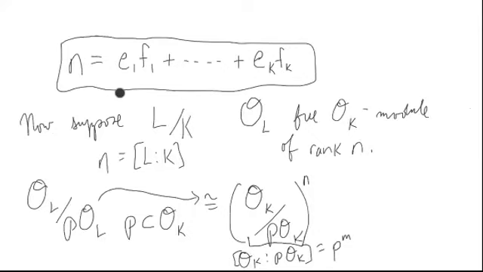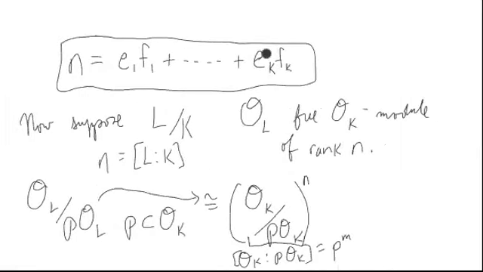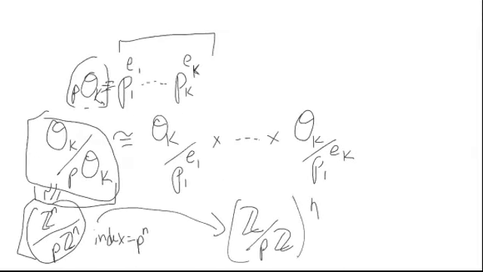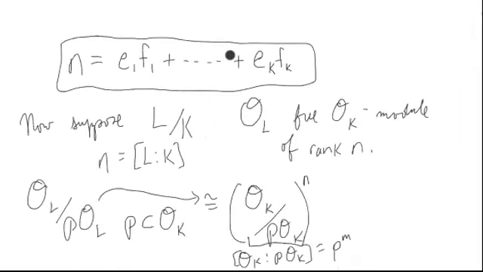The prime that it was lying over was a rational prime in Z, and we'll call these ramification indices. They came from the unique prime factorization of the principal ideal P into a product of prime powers.